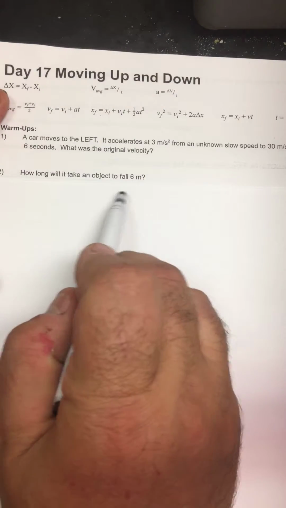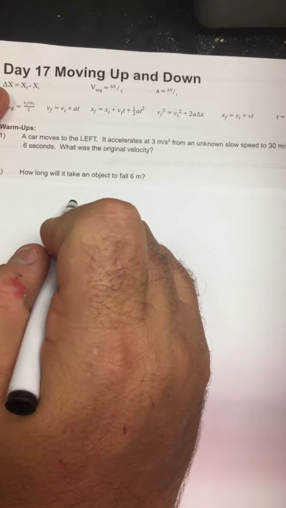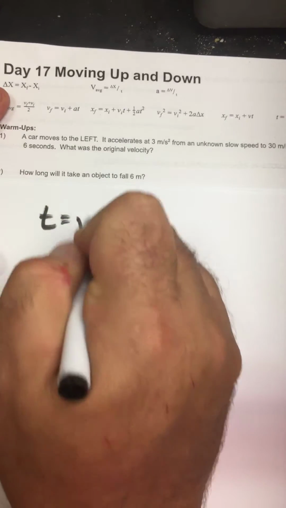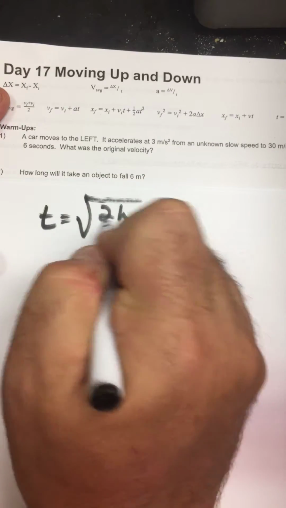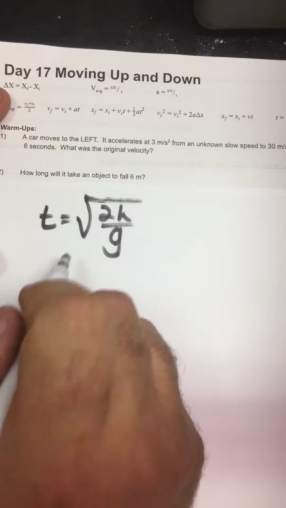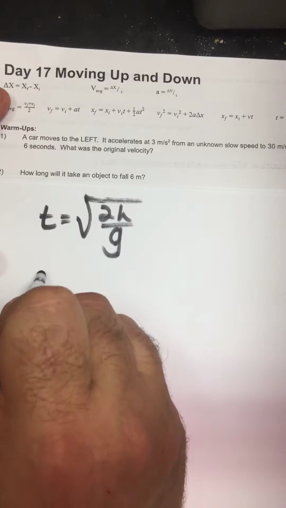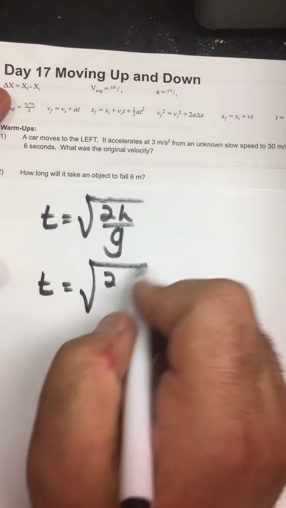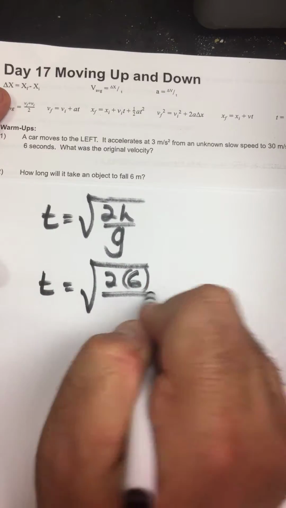Number 2. How long will it take an object to fall 6 meters? So we can use the time of fall equation. We start off with that, and we want to find time, so T stays a letter. The height of the fall is 6 meters.